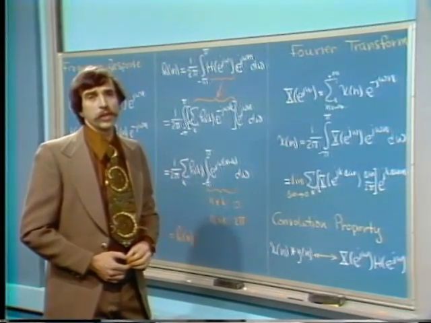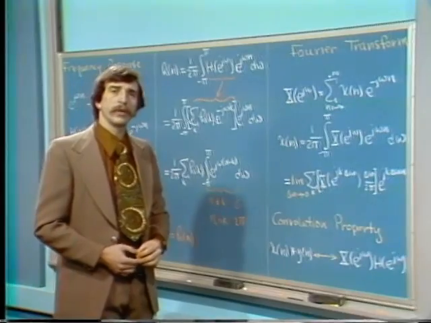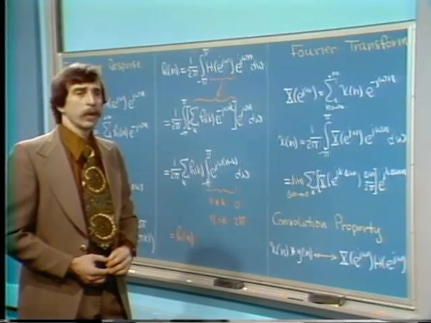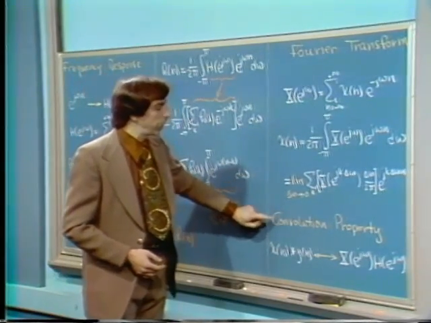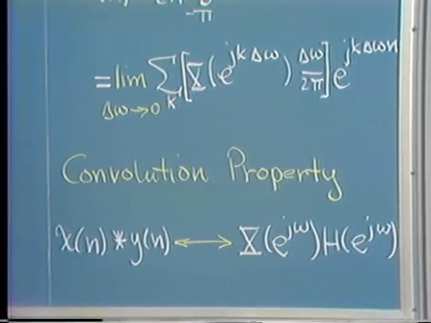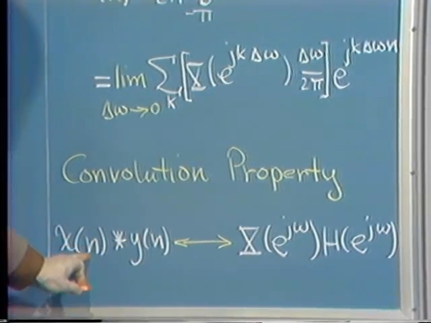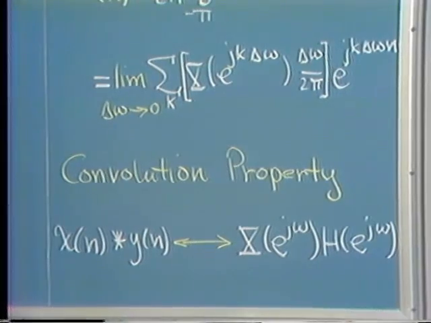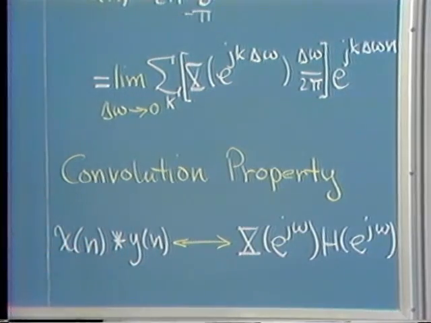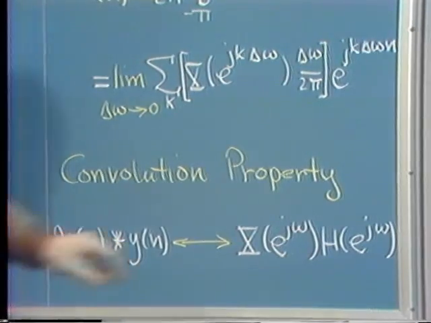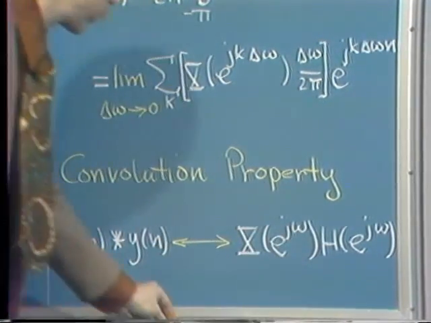One of the reasons is that it leads to a very important property of linear shift invariant systems, which I refer to as the convolution property, and which states that if I have the convolution of two sequences x[n] and h[n], then the Fourier transform of those is the product of their Fourier transforms.